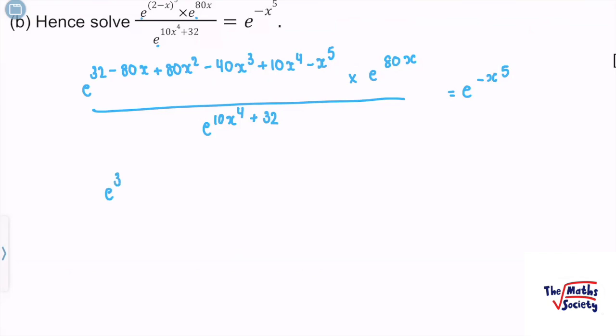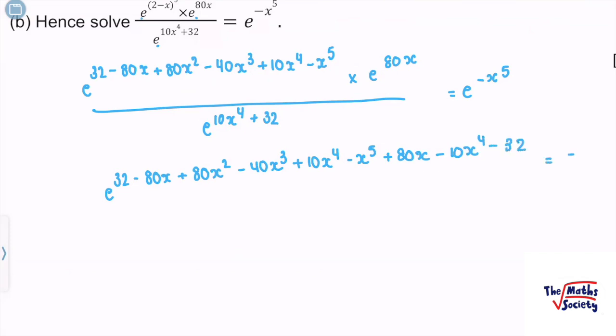So it's going to be e power 32 minus 80x plus 80x squared minus 40x cubed plus 10x power 4 minus x power 5 plus 80x minus 10x power 4 plus minus 32, and that's going to equal e power minus x power 5.